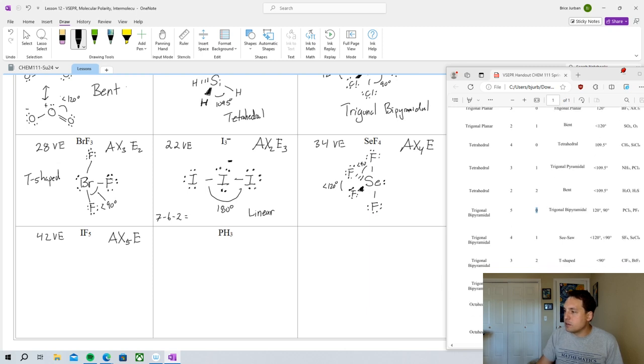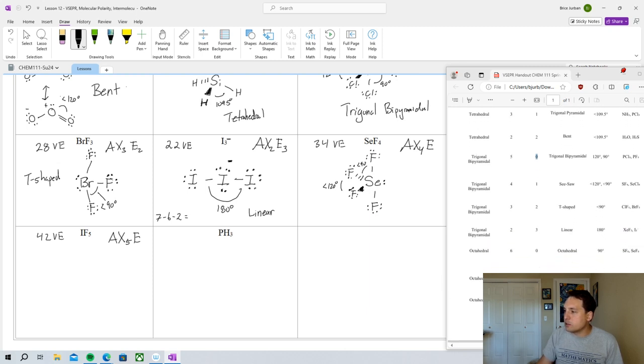AX5E is down here. That's a square pyramidal geometry. The square pyramidal is where we have the octahedral geometry, but we just replace one atom with a lone pair. And I typically either draw it on top or on the bottom.